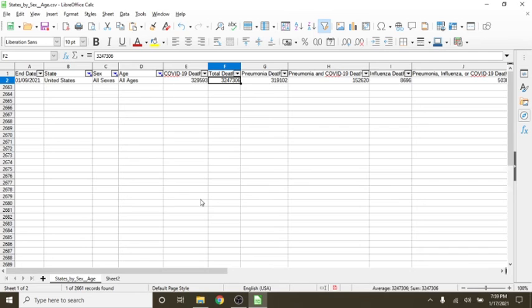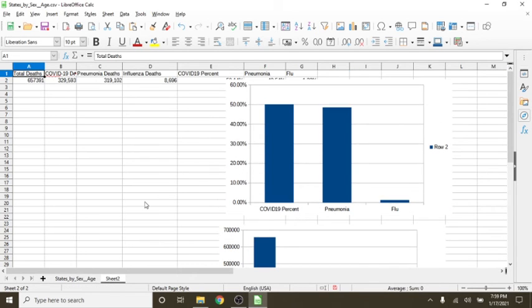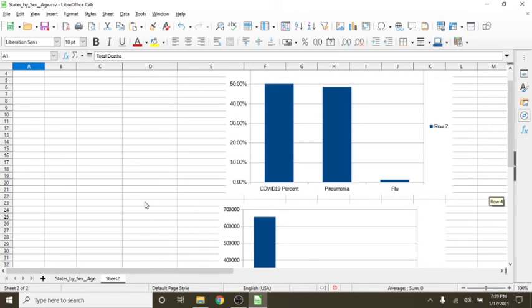So the question is this. I don't think these numbers are a coincidence, okay? I think what this tells us is the single biggest contributing factor to someone dying from COVID-19 is pneumonia.